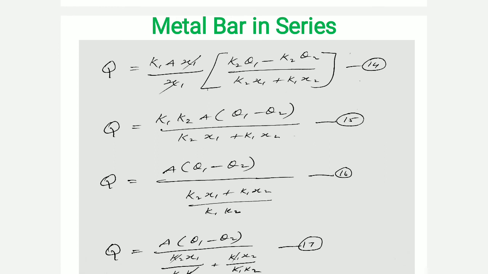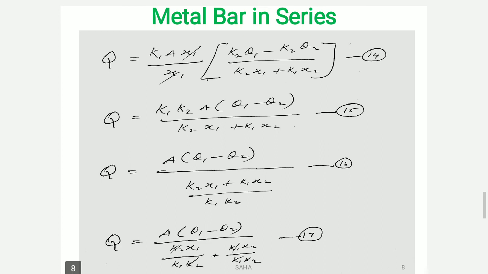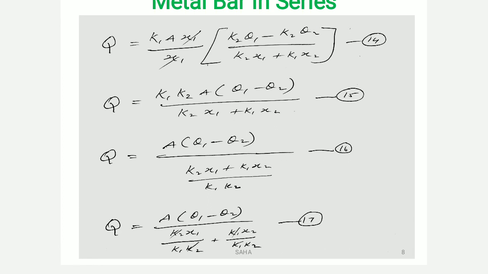So Q is equal to k1 k2 A into theta 1 minus theta 2 divided by k2 x1 plus k1 x2, that is equation number 15. In equation number 15, I am just changing the position of k1 k2, but if you change the position, the value won't change. That is the main thing. Then we can get equation number 16.